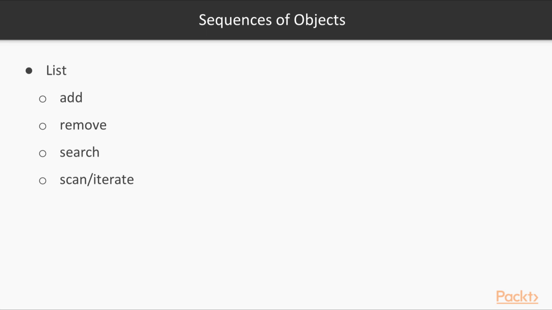You can add objects, remove objects, search for an object, and scan or iterate. So how do you iterate on a list? Well, you're supposed to use an iterator. And the iterator has very limited functionality, which is basically to iterate, which means give me the next object in the sequence, and possibly remove the last object which was returned.